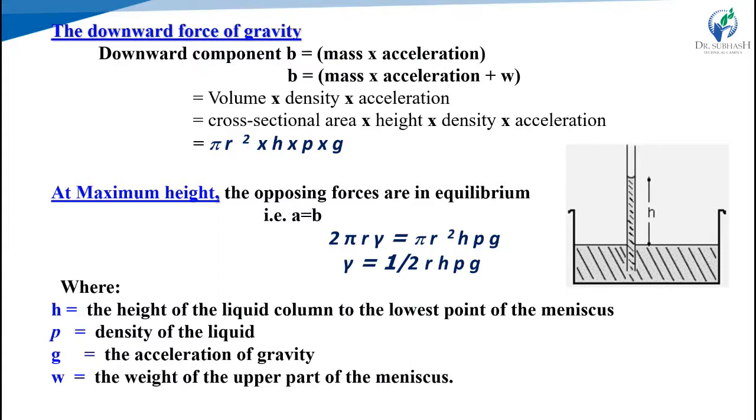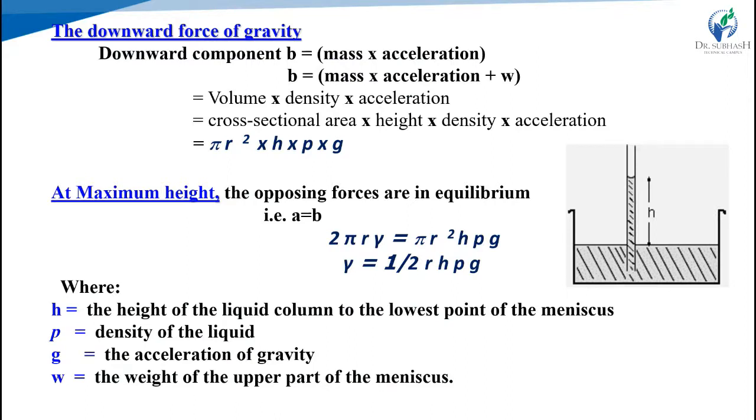At maximum height the opposing forces are in equilibrium. It means the upward force due to the surface tension and the downward force due to the weight of the column of liquid in the capillary tube are at equilibrium.